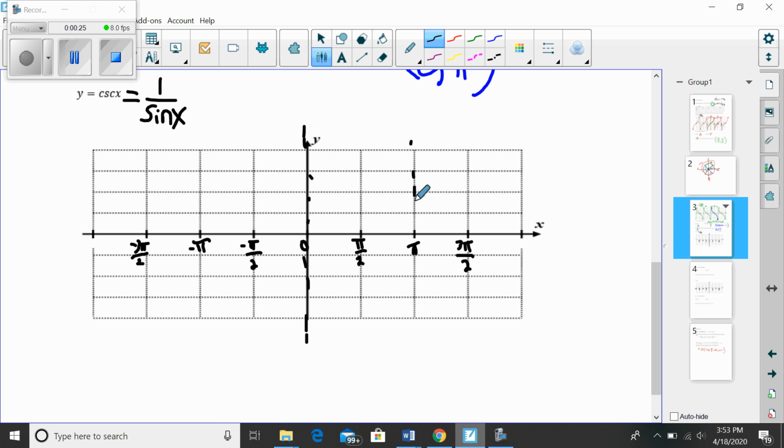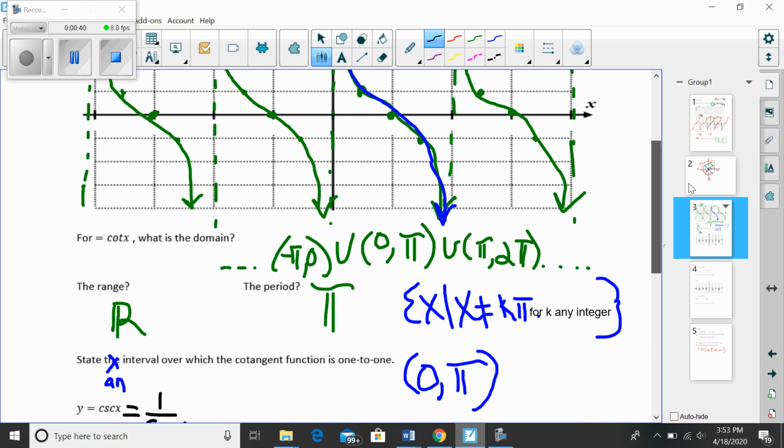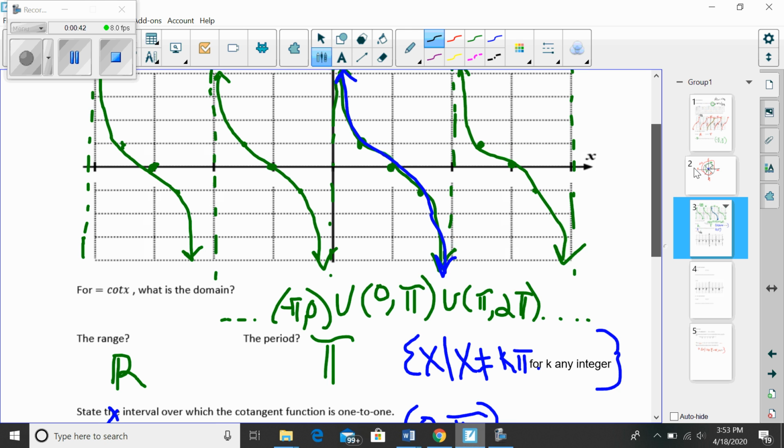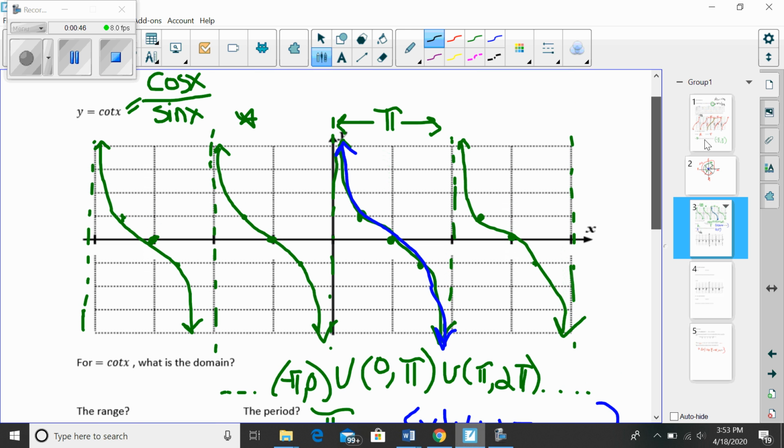Sine is 0 at 0, pi, and 2 pi, right? So when we come down here, I purposely put this one next to cotangent, since cotangent is cosine over sine.